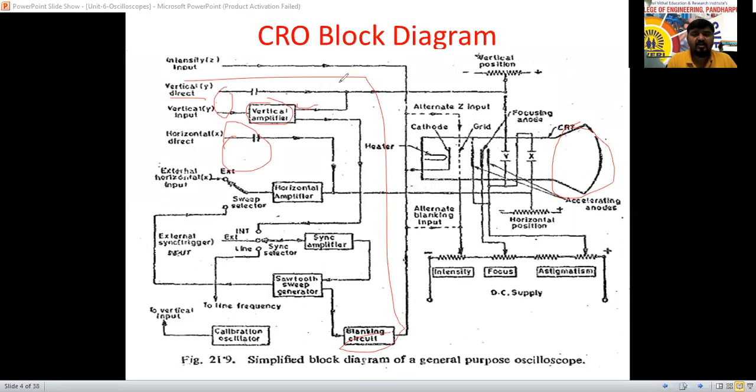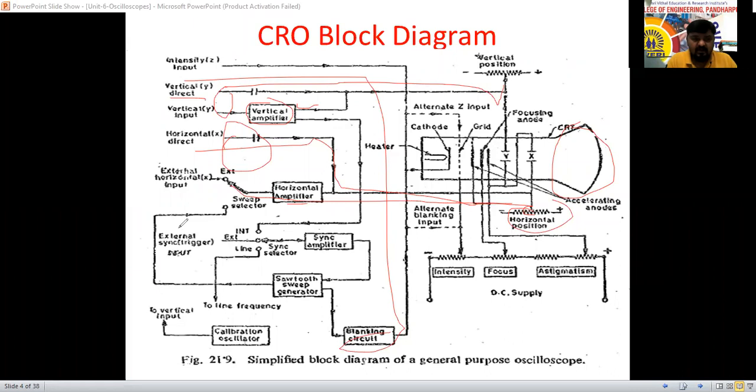Otherwise, a direct vertical signal can also be provided to the vertical position. From the horizontal position, the direct horizontal signal we can give to the horizontal position, and if it is amplifying, then we can amplify that.